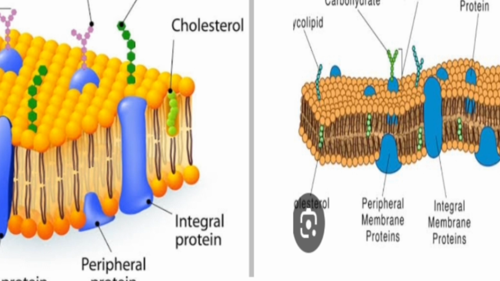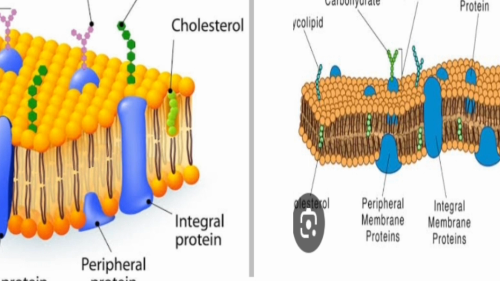But with this particular model, it has explained to us how polar substances such as glucose can actually penetrate the membrane. The unit membrane model did not give an explanation as to how polar substances can move across the membrane.